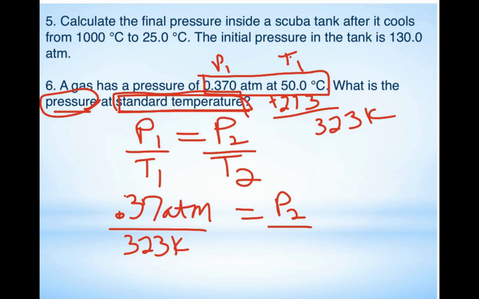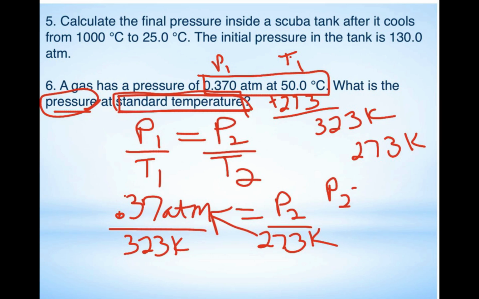Remember, standard temperature is 273 Kelvin, or 0 degrees Celsius. But we have to do all of our problems in Kelvin. Cross multiply, and we get that P2 is equal to 0.31 atmospheres.